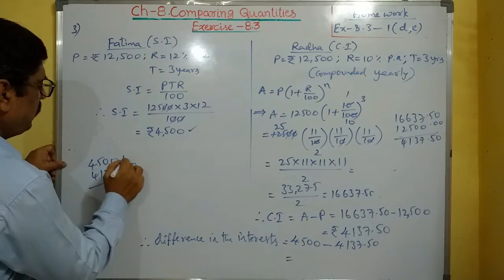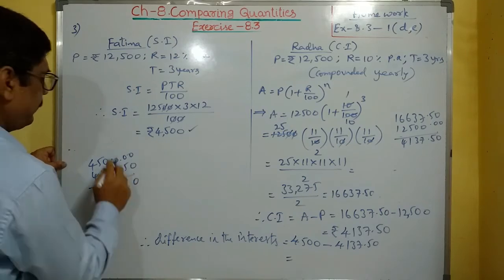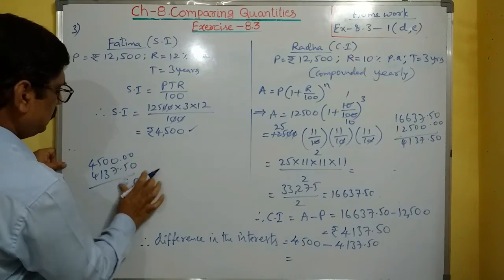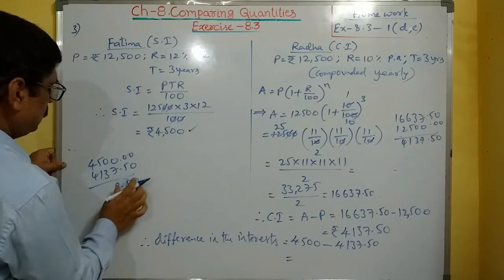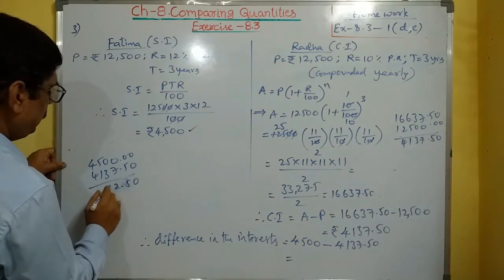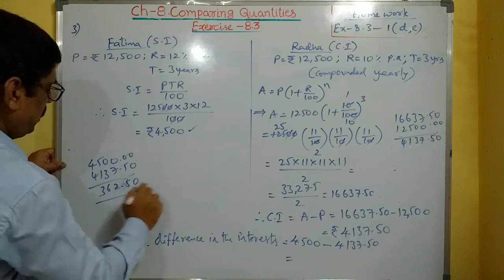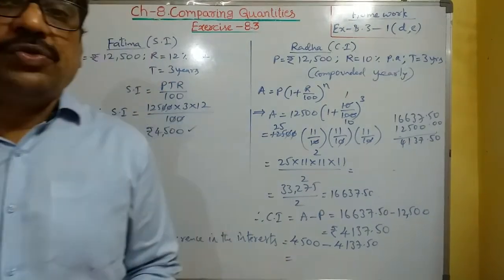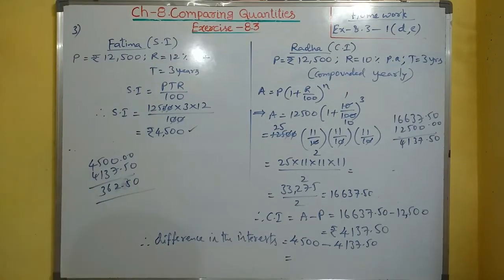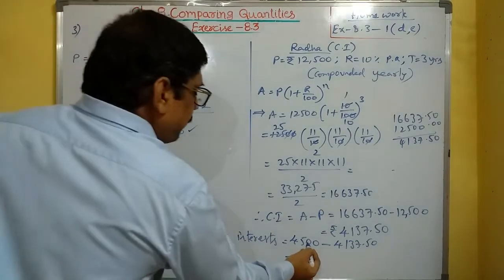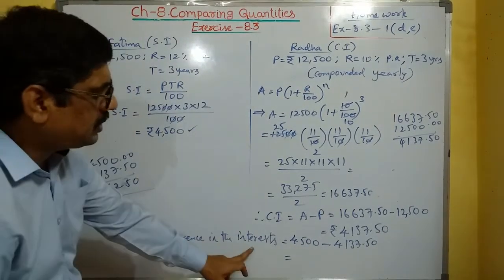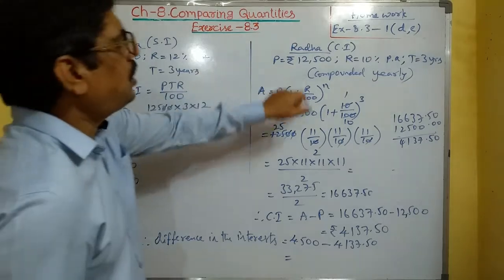You will get 9 minus 7, 2; 9 minus 3, 6; here 4 minus 1, 3. 362 rupees 50 paise. So this is the difference in the interests between Fatima and Radha.